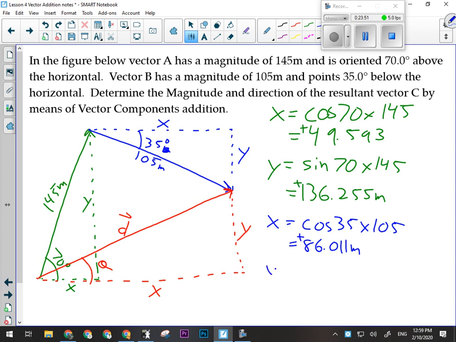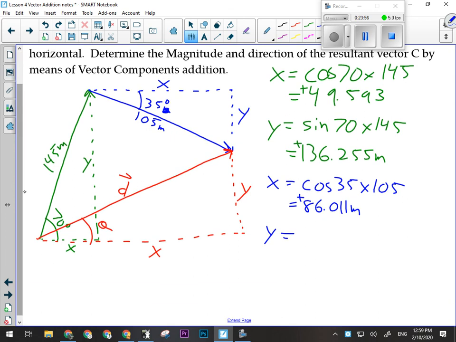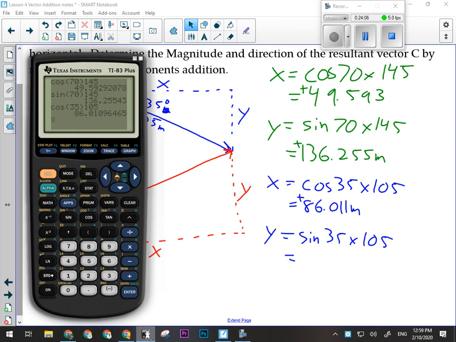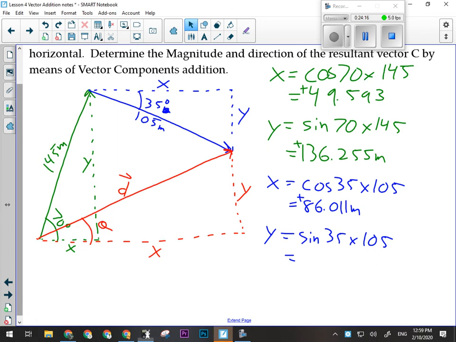And then y is the opposite side to the 35-degree angle, so sine of 35 degrees times the hypotenuse, 105. That side is 60.226 meters, but it's negative.